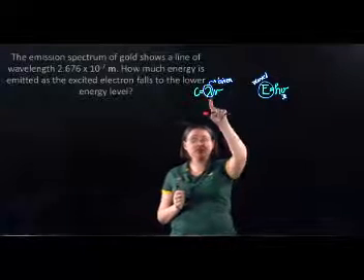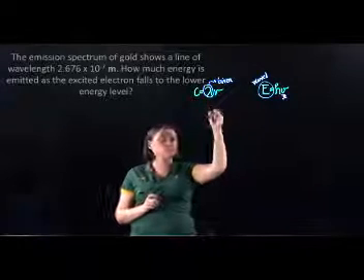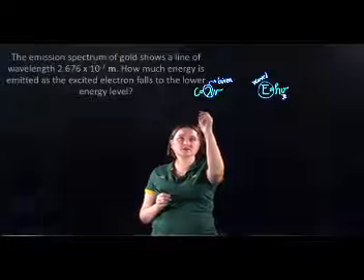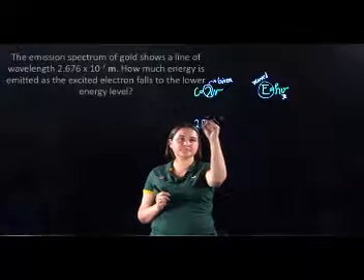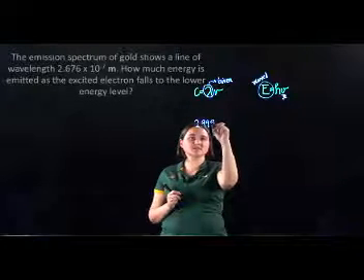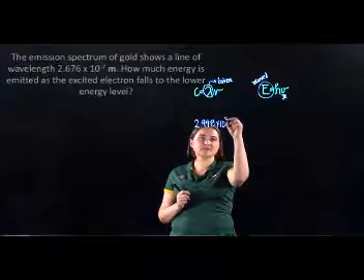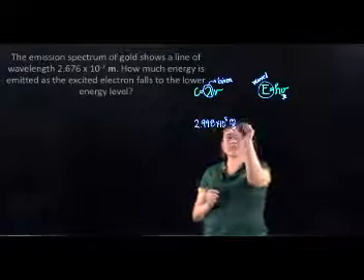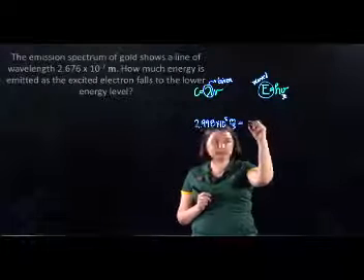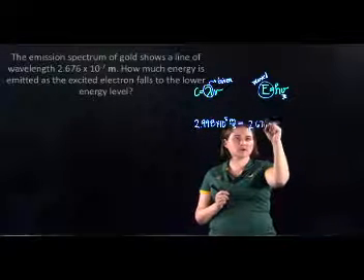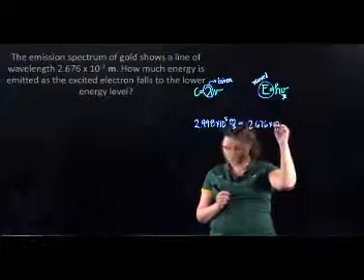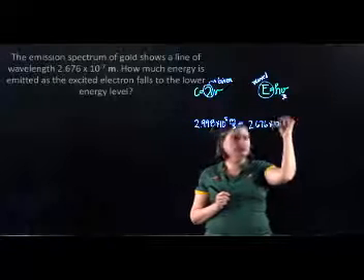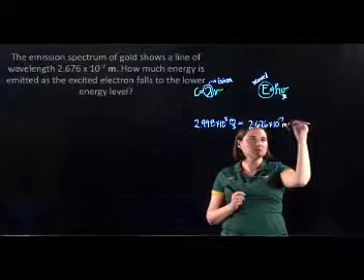So let's start here. The problem gave you the wavelength in meters, so you didn't have to recalculate it. The speed of light is 2.998 times 10 to the 8th meters per second. That's going to be equal to the wavelength, which is given in the problem, 2.676 times 10 to the minus 7th meters.